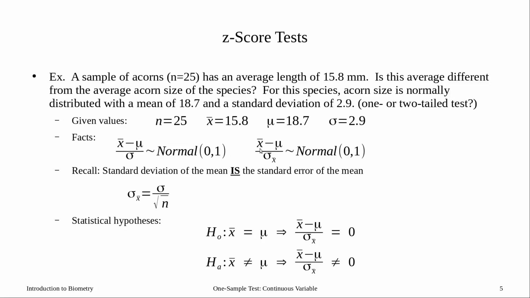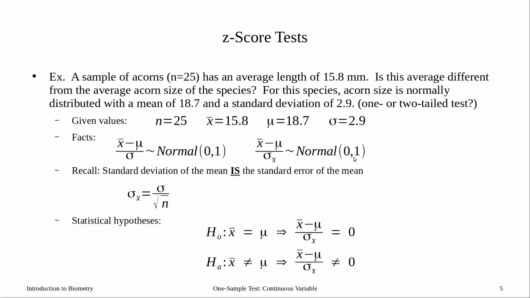Now we have x bar minus mu over the standard deviation of our average, or the standard error, and it still approximates a normal 0, 1. So our standard deviation of the mean is the standard error of the mean. We can calculate our standard error by doing 2.9 divided by the square root of our sample size, 25. And when we apply this function, we get a normal 0, 1 distribution.